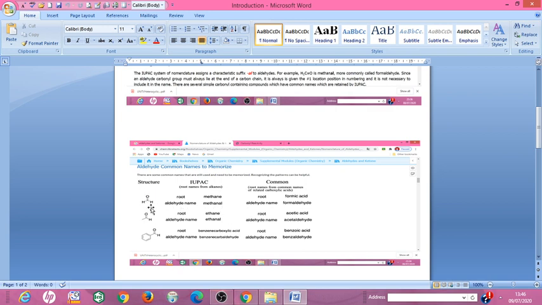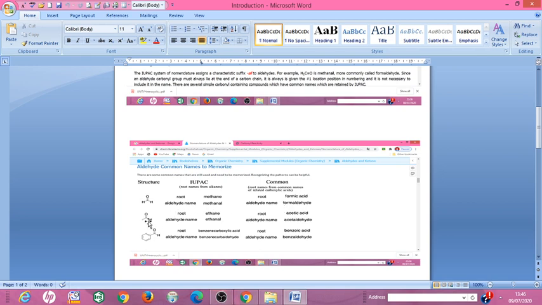And the common name of aldehyde is based on their corresponding acids. Suppose the acid which contains only one carbon atom is known as formic acid, and the name of aldehyde based on formic acid forms formaldehyde.